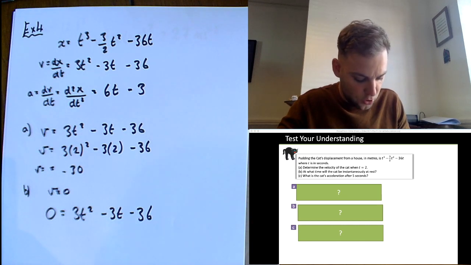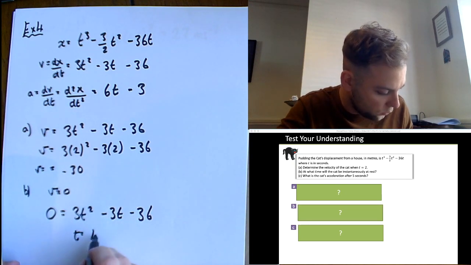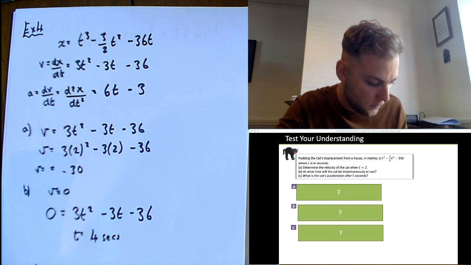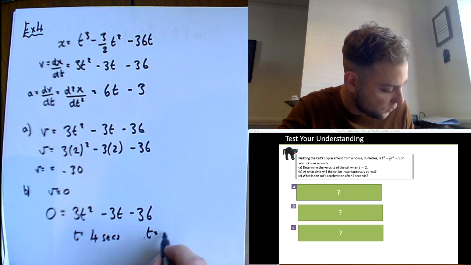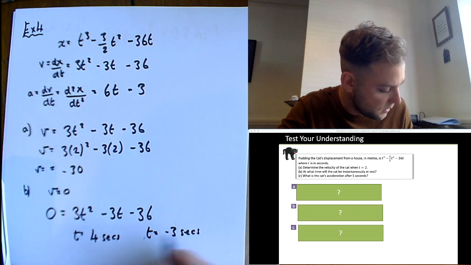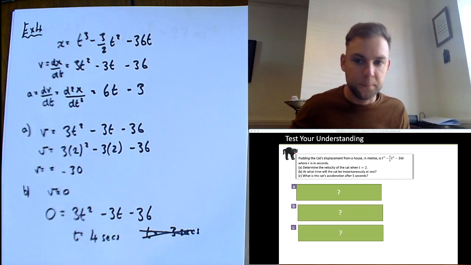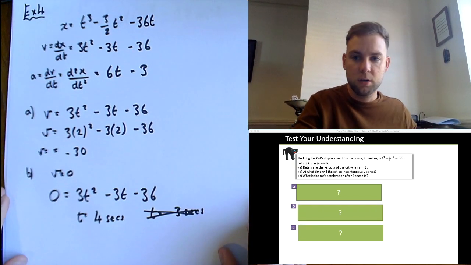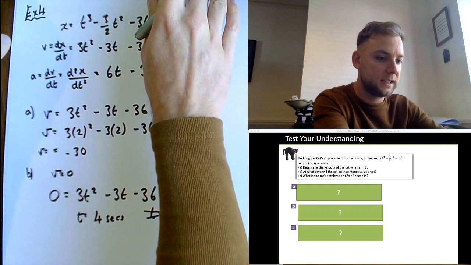Polynomial, degree order 2, so 3, minus 3, minus 36. We get t is equal to 4 seconds and t is equal to minus 3 seconds. We're just dealing with the positive one here. Super.